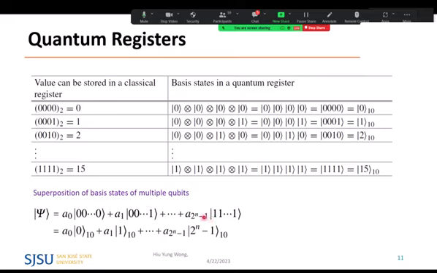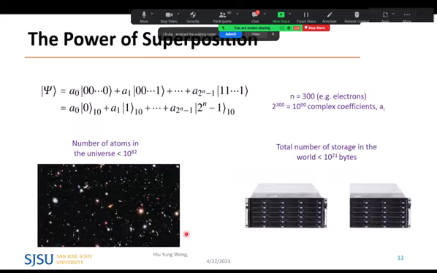Now, what if I have n qubits? If I have n qubits, then I have 2 to the power n basis states. And to describe one state, I need 2 to the power n complex numbers. Maybe a lot of math, but the point I'm trying to make is that there's a lot of information in the superposition. Think about that. If I have 300 electrons, then I have 2 to the power 300 basis states in order to describe these 300 electrons. Then I need 10 to the power 90 complex coefficients to describe it.